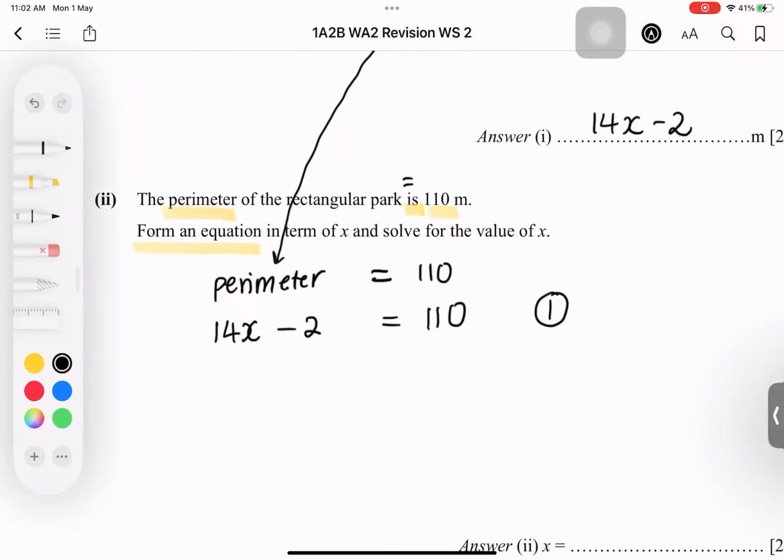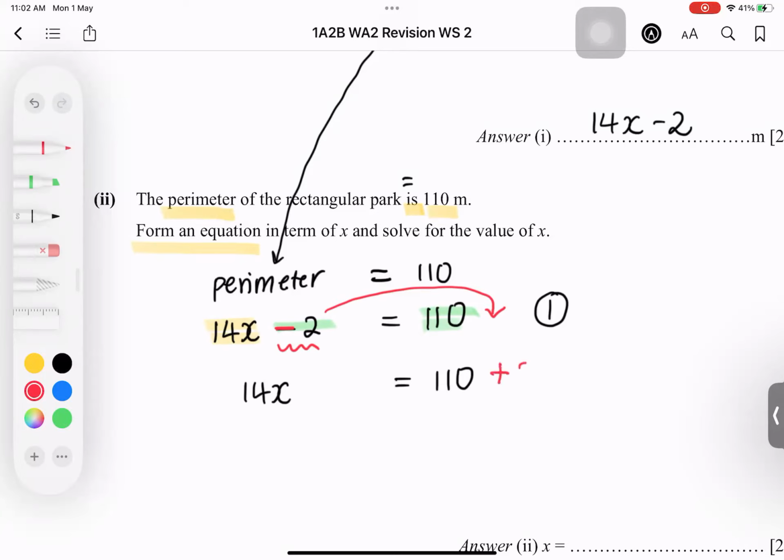Okay, the question says solve the equation. So my x is already over here. My numbers are on this side. So I need to shift -2 over to this side. So undo subtraction. How to undo subtraction? +2.